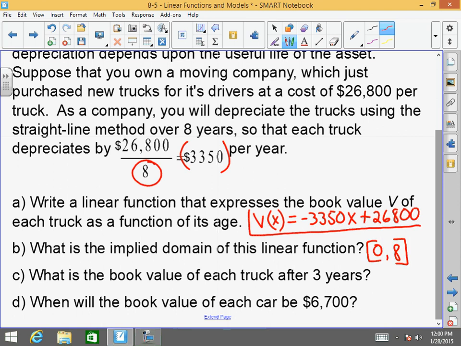It could break down after year 2. But hopefully it stays strong and I can use it for the full 8 years. But between 0 and 8 years is my implied domain. I cannot say infinity here because after 8 years, the value of my truck is 0 and I cannot have negative values.